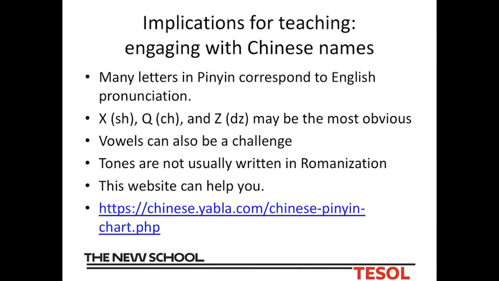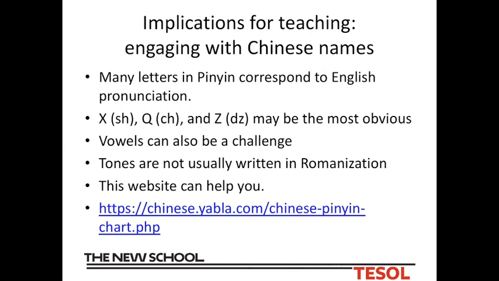Okay. So many letters in Pinyin correspond to English pronunciation, but it's also the one where you'll see all these X's and Q's and Z's and look at those names and say, okay, well, how do I pronounce those? So the X is kind of a sh sound. It's a little different, actually, and the Q is a little different. It's close to a ch sound, and the Z is a z sound. Vowels may change their quality a little, and typically one of the big challenges is that the tones are not written in romanization.